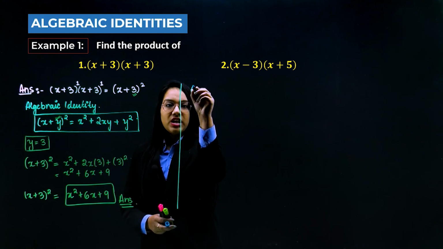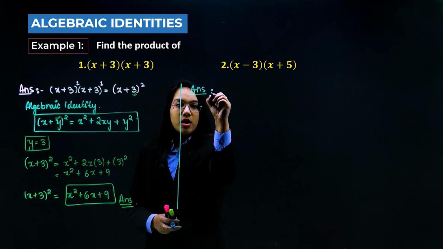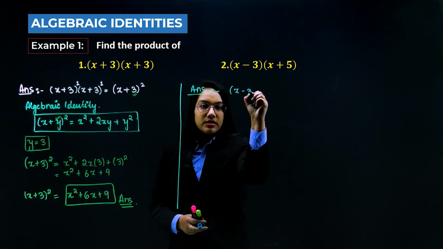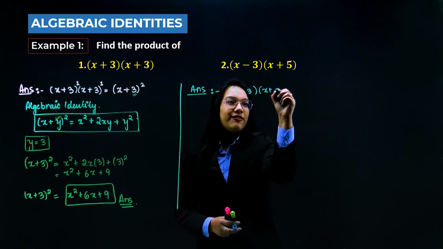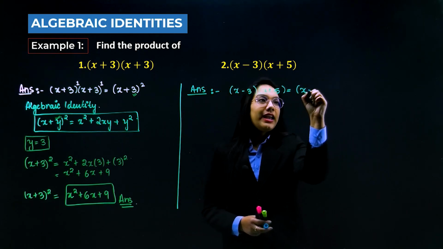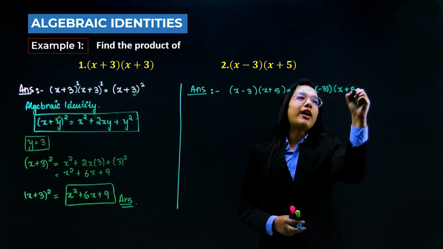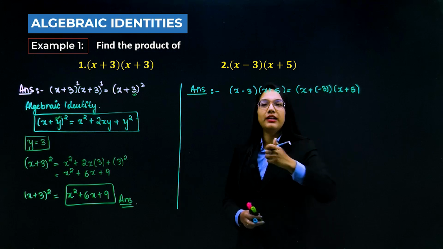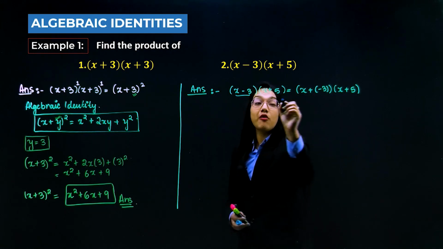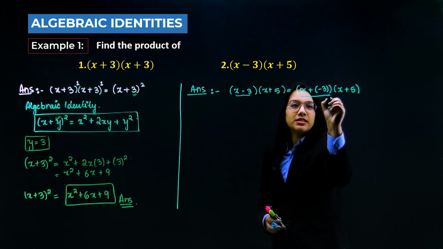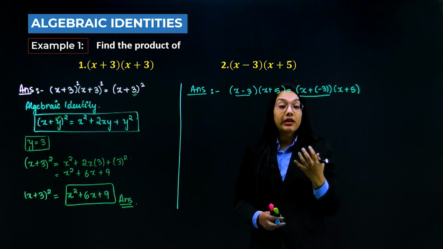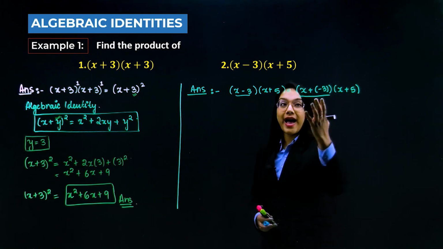As you can see, we can write (x minus 3) into (x plus 5) as (x plus minus 3) and (x plus 5). So I am writing x minus 3 in the form of x plus minus 3. Why am I writing this term like this?